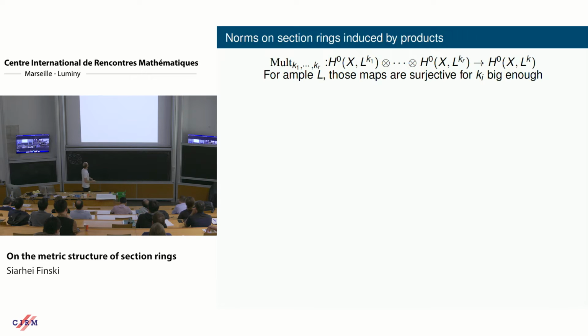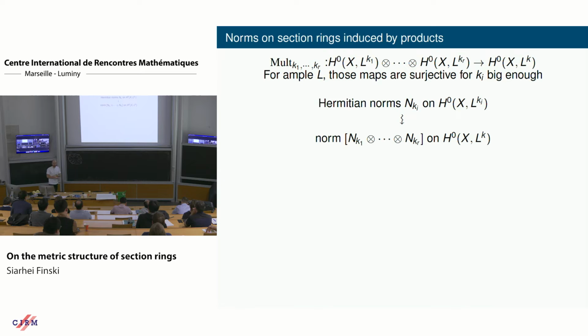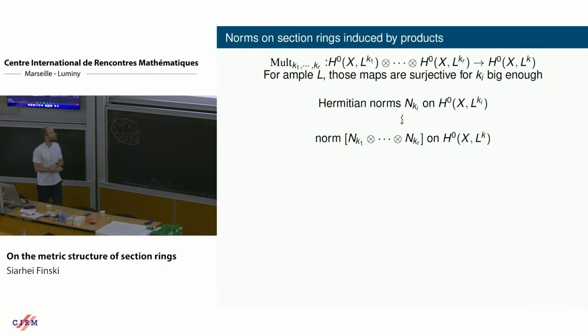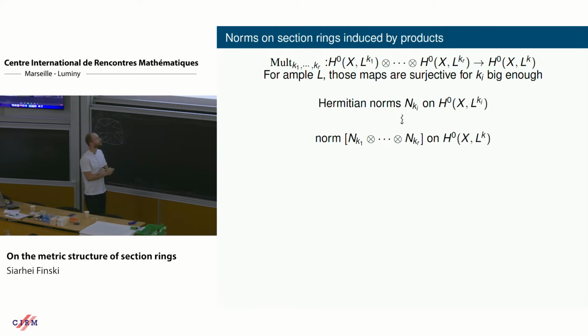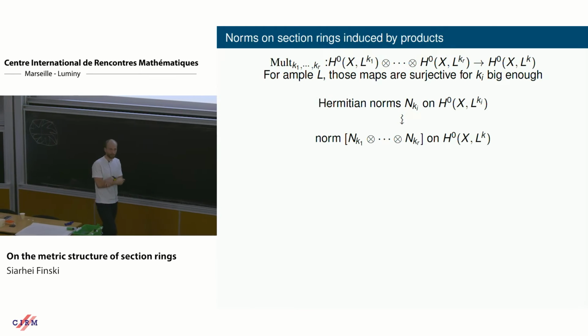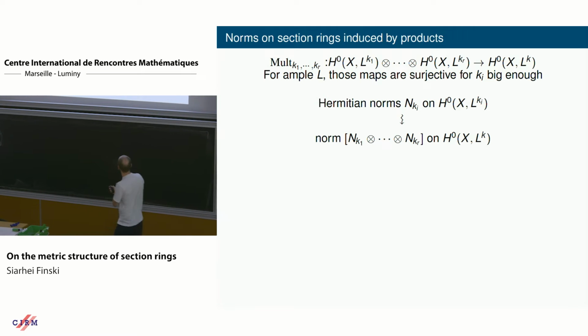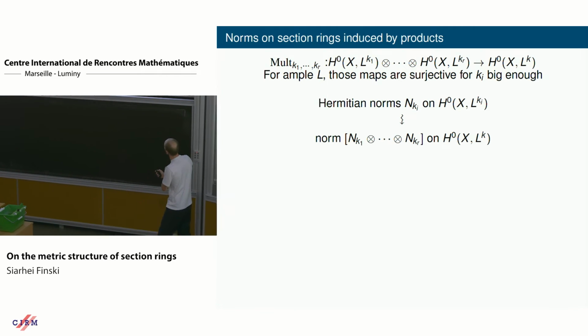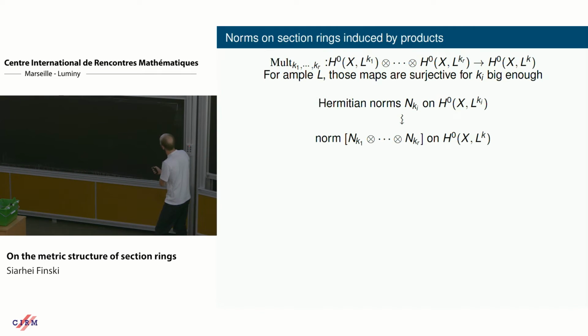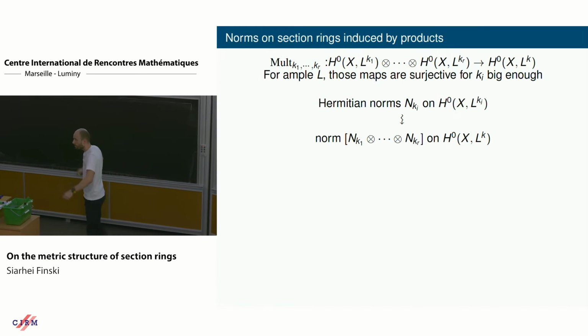In particular, if I fix a sequence of norms on my section ring, then by this construction that I've described, a sequence of Hermitian norms, I will be able to introduce a Hermitian tensor product on the tensor product of my cohomologies.